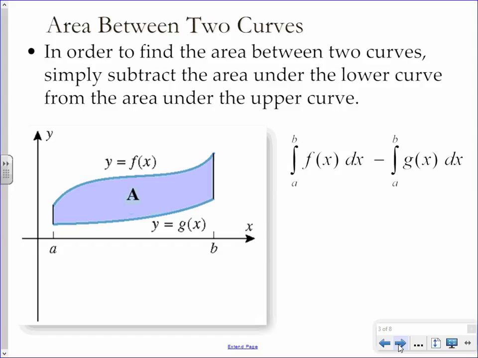In order to find the area between 2 curves, we have to subtract the area of the smaller curve from the area of the bigger curve. Right now, this is written as 2 separate areas being subtracted, but we can write it as one integral to save us some time.